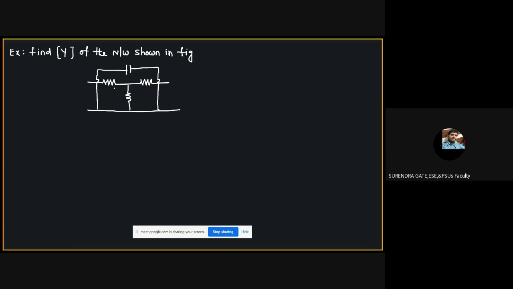This is 1 ohm. This is also 1 ohm. And this is 1 ohm. And this is 1 farad.